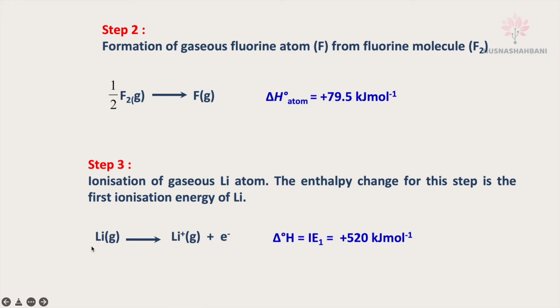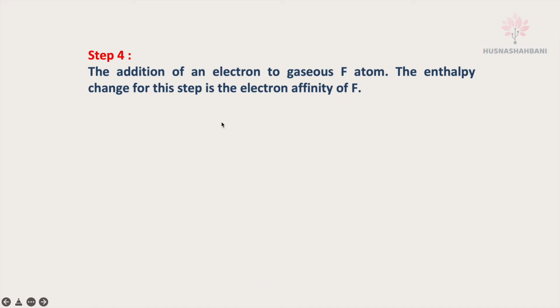Next, after you make this lithium atom as lithium ion, make this fluorine atom to fluorine ion. So to make it fluorine ion, you have to make the electron affinity of fluorine. So it gains 1 mole of electron.